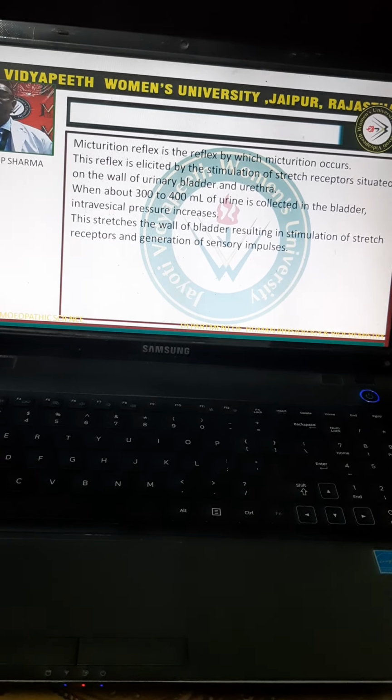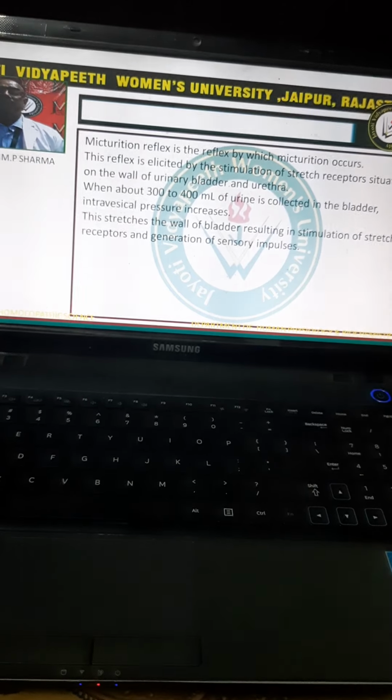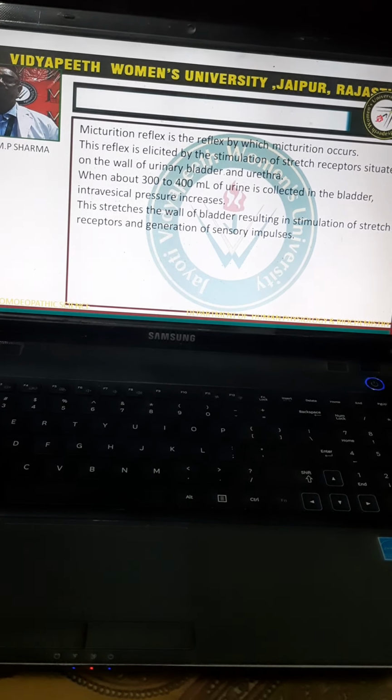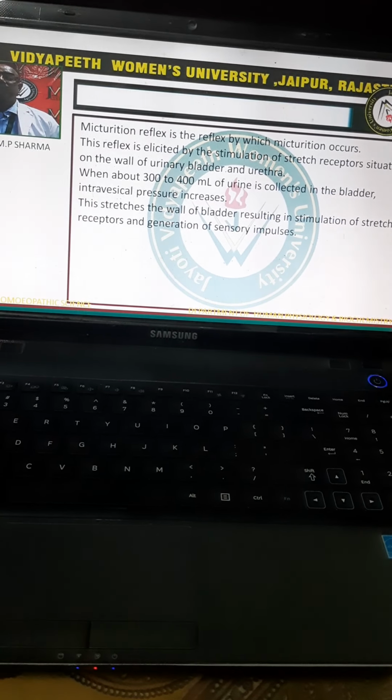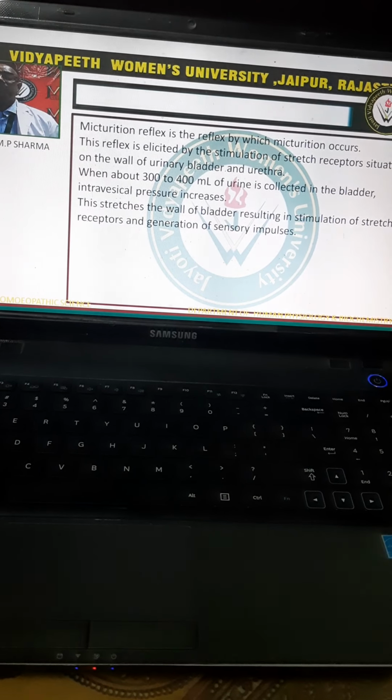The micturition reflex is the reflex by which micturition occurs, and this reflex is elicited by the stimulation of stretch receptors situated on the wall of the urinary bladder and urethra.